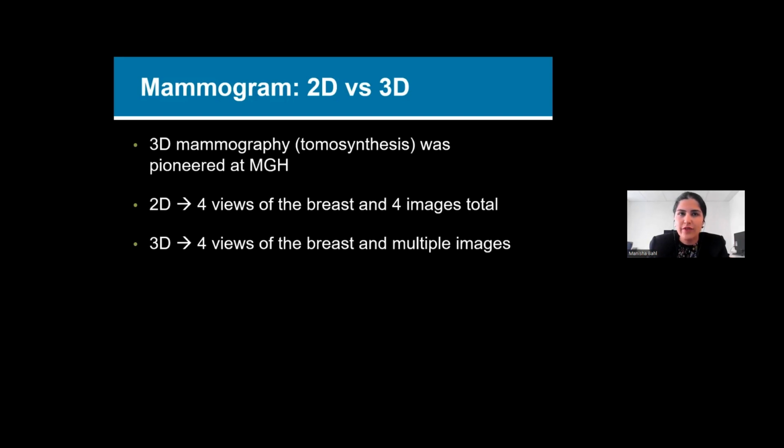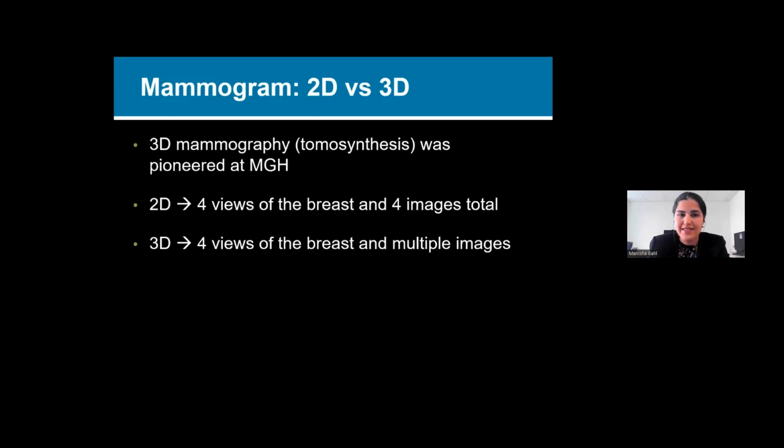Thus far, we've focused on 2D mammography. Tomosynthesis, also known as 3D mammography, is quickly becoming the standard of care. With 2D mammography, 4 views of the breast are obtained, and there are 4 images total to interpret.